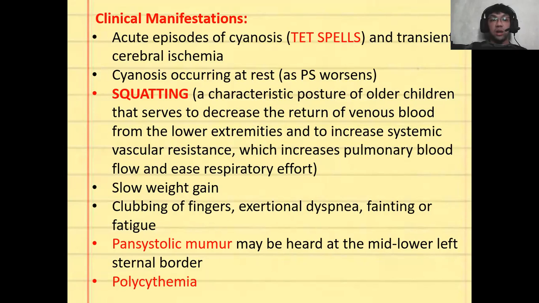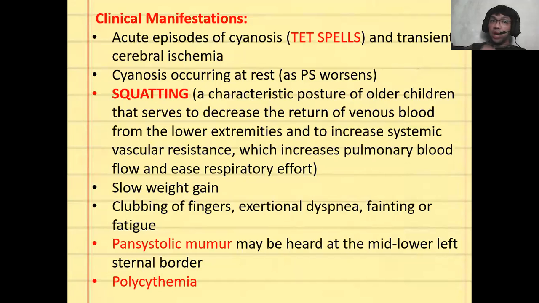This is a compensatory mechanism of the body, wherein, due to the low levels of oxygen, the body increases the circulating red blood cells in an attempt to gather more oxygen, but that is not the case. There is a structural problem in the heart of a child who has this disorder.